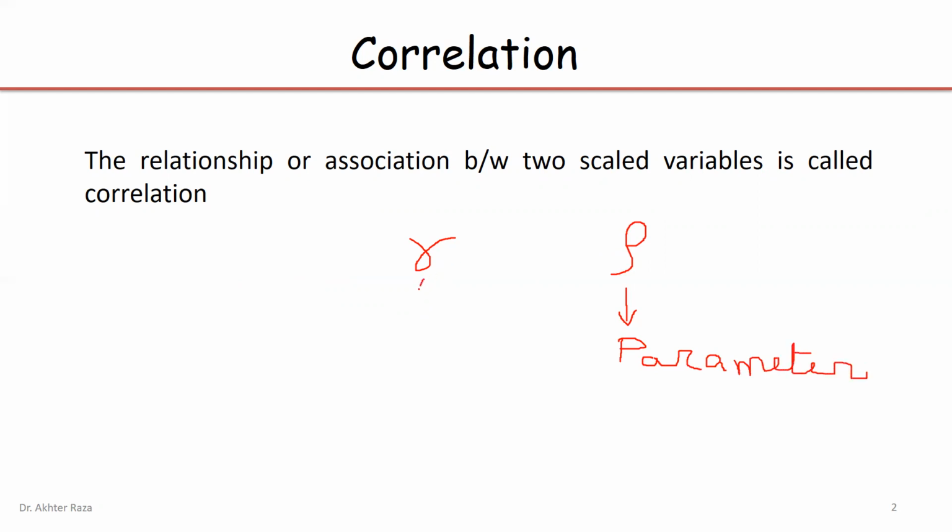It is a statistic. The point estimate of rho is the sample correlation R.